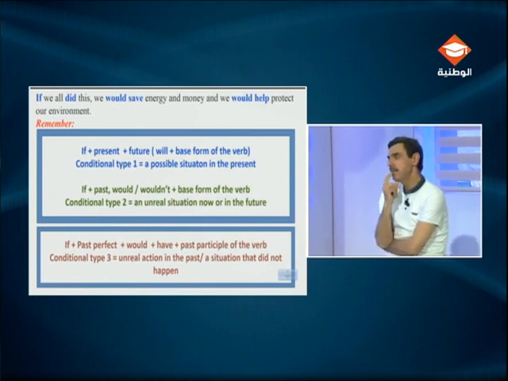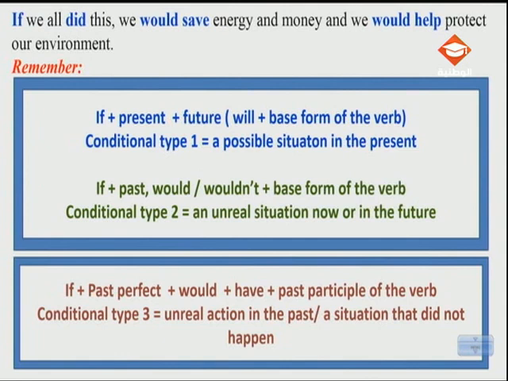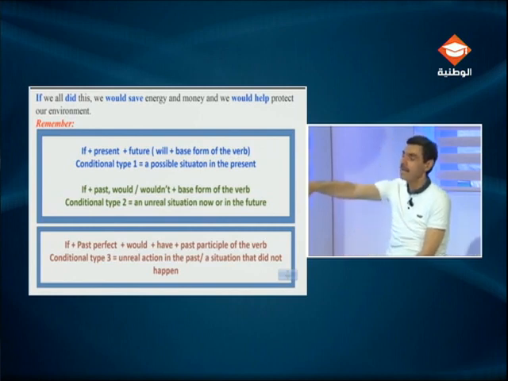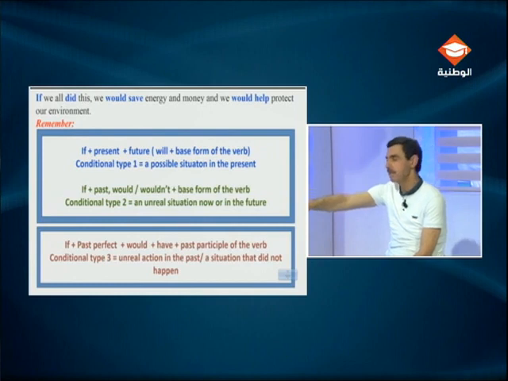I remember, Miss, you told us about a way of keeping conditional type 3 without beginning with if. Yes, this is replacing if plus negative. So instead of saying if I hadn't been ill, we can say hadn't I been ill? There is a word that has the same meaning as if not. You refer to otherwise? Unless?